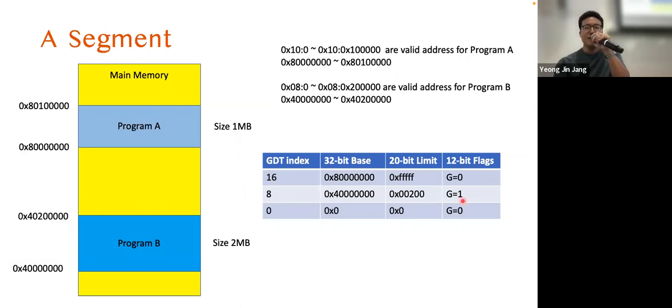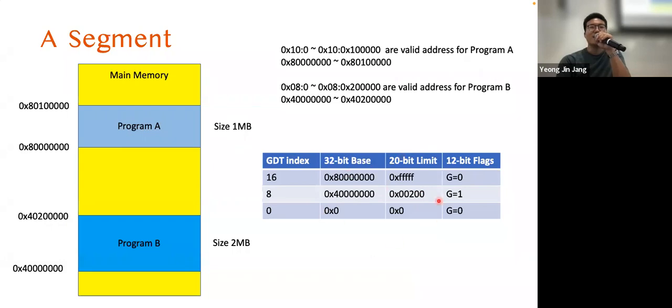Instead of doing that, we can set the granularity bit as 1. That means we will add 3 zeros, because each digit in hexadecimal represents 4 bits, so we are shifting 12 bits. So we will add 3 zeros, and then that will allow us to access up to 2 megabytes.